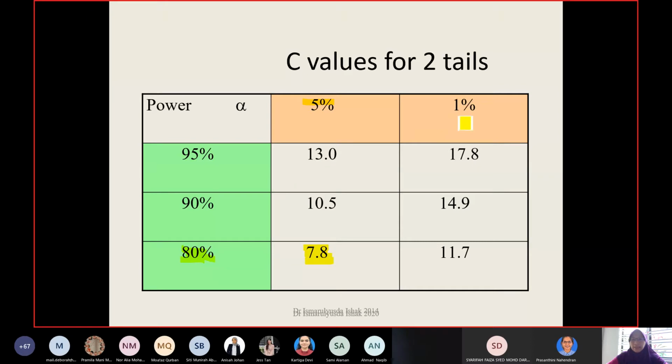For Shantini in Hospital Selayang, if you want to use alpha of 1%, or a power higher than 80%, maybe 90%, your C will be 14.9. So this is a summary of the C values.